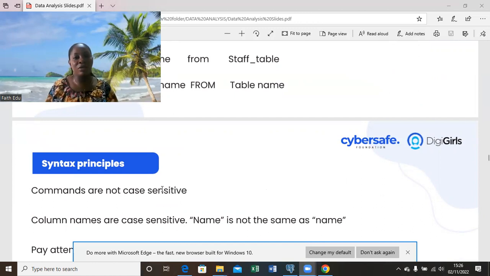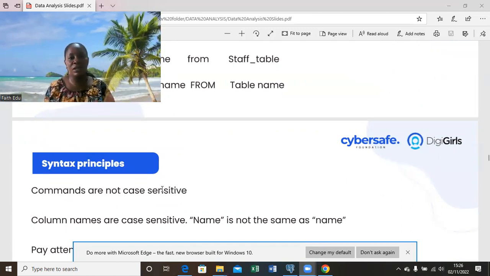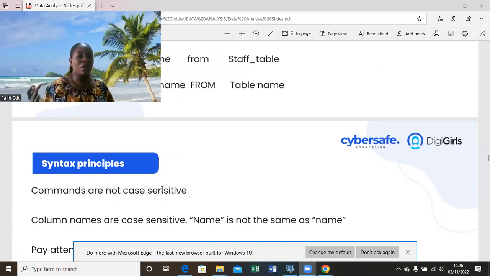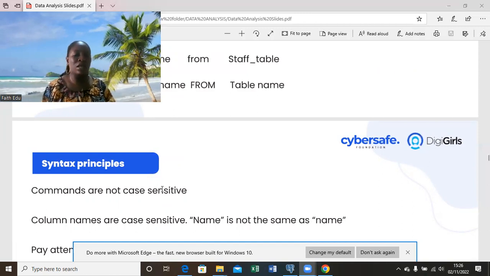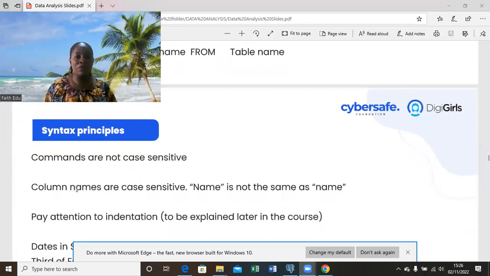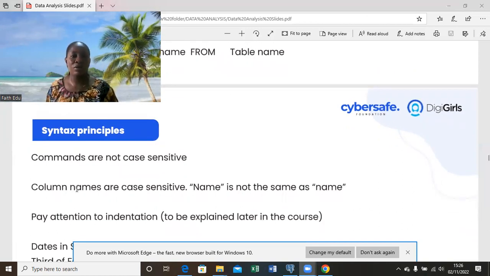It's more or less like the computer grammatical structure, just like English language has its grammatical structure. So what we are looking at is the grammatical structure of the computer language SQL that we are currently training on. Some of them include the following that we are going to be talking about.